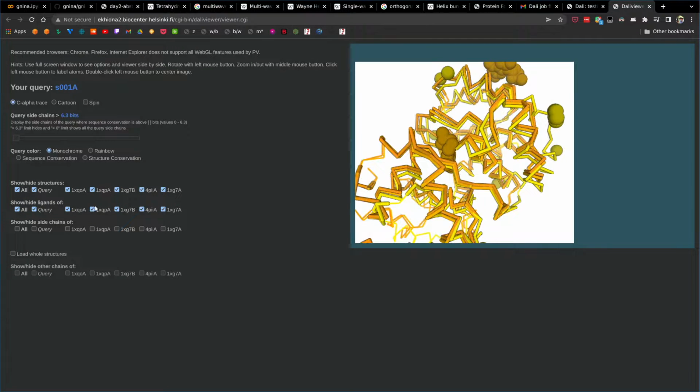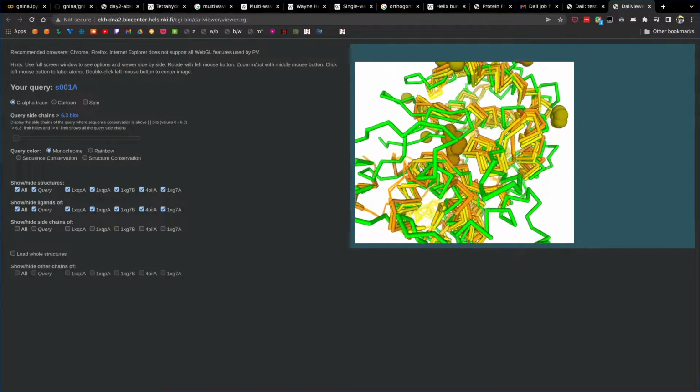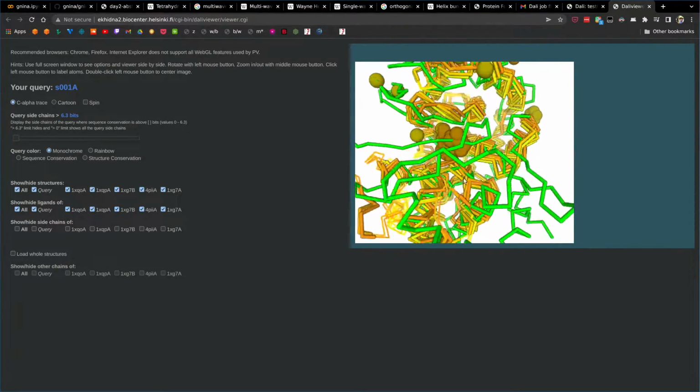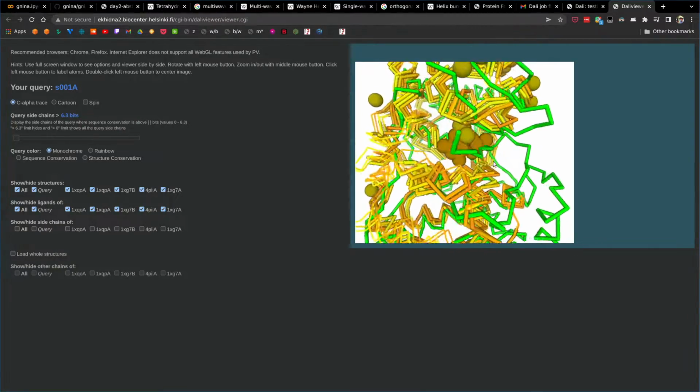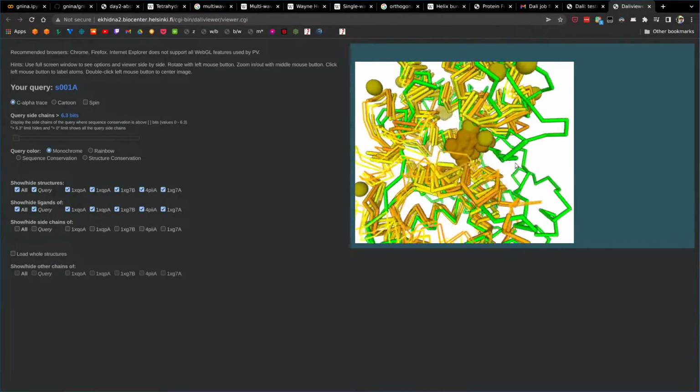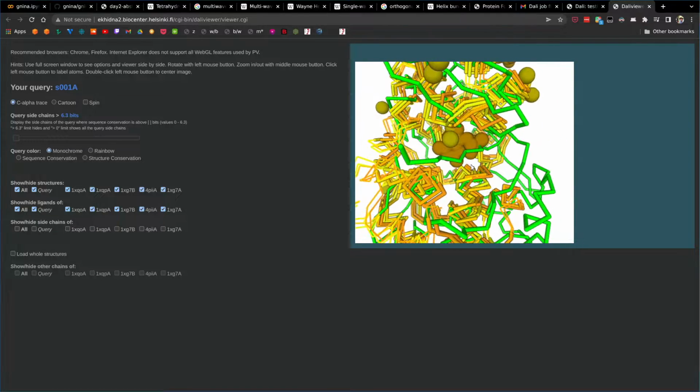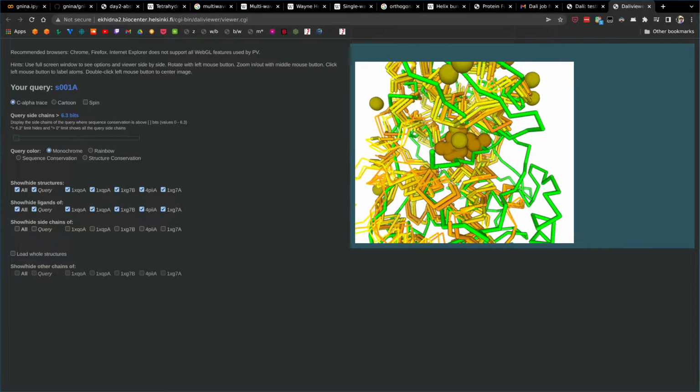Now, the query here isn't the crystal structure. The query is the one from the PDB. Oh yeah, see there's that pocket. The query here is from the PDB. And then these are the most similar ones returned by DALI. If you haven't used DALI before, it's super amazing.